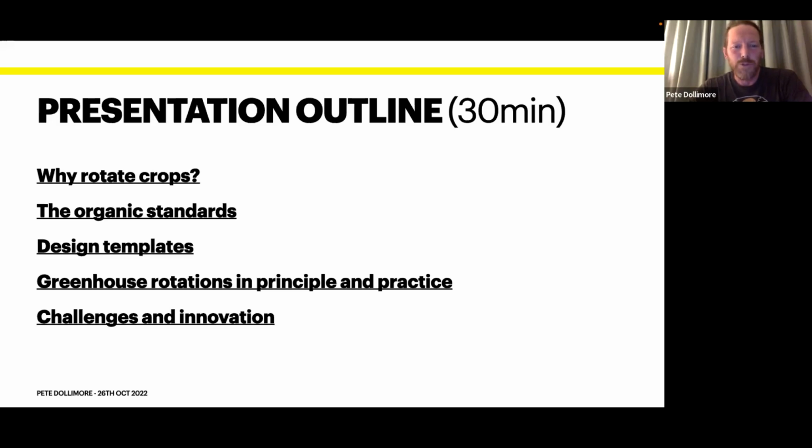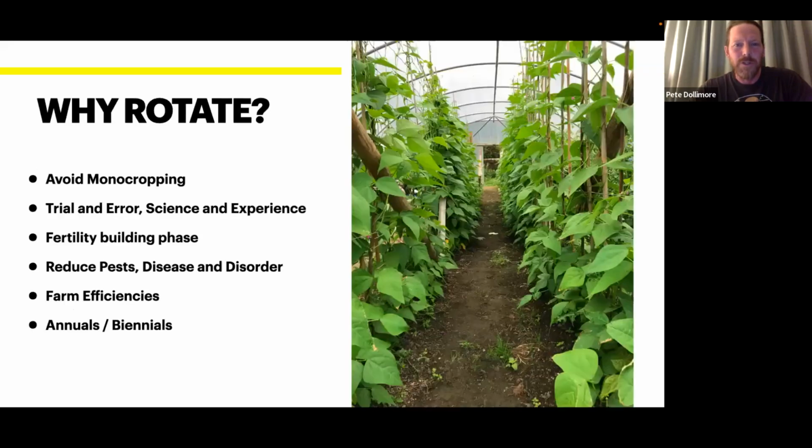Then moving on to examples of rotations and what they might mean in principle, but often practice is a very different thing. It's all very well starting with a plan, but often nature and people and markets and weather have very different ideas. And then I'll finish off looking at what our challenges are and where perhaps innovation needs to keep happening into the future.